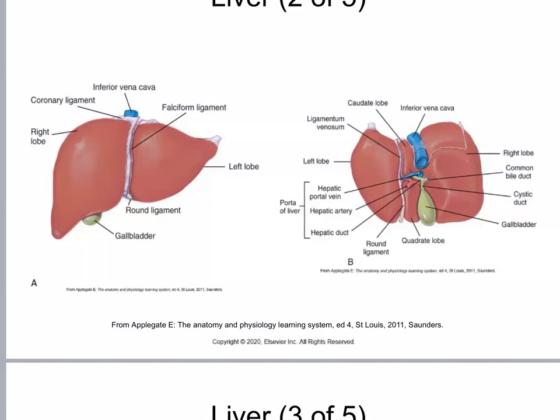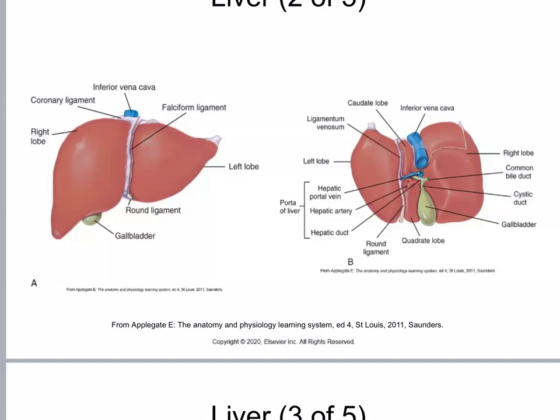We have a hepatic artery, which supplies oxygen-rich blood. We have a hepatic portal vein, which is nutrient-rich blood that comes from the small intestine. And the liver processes that blood before it's returned to the systemic circulation.